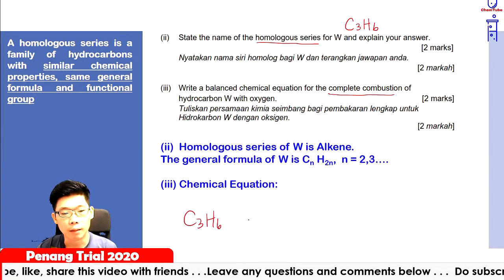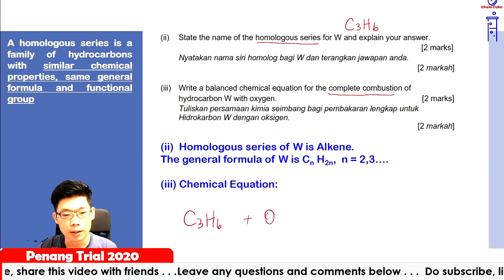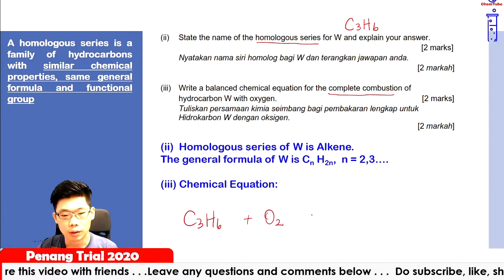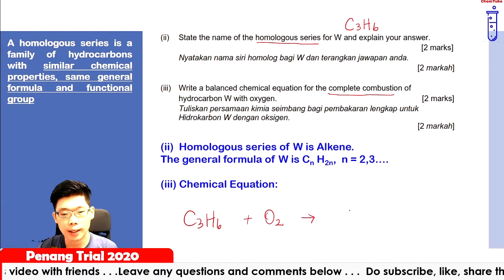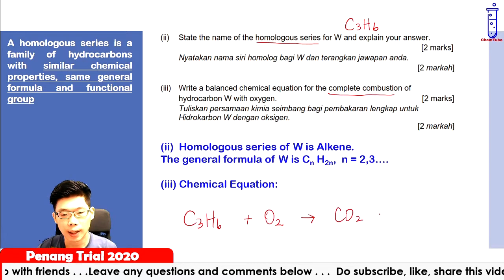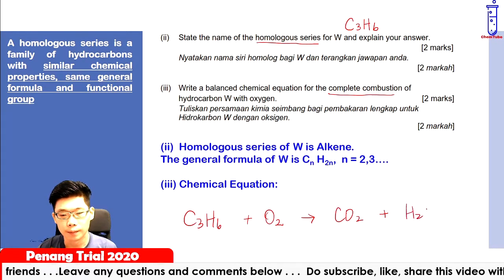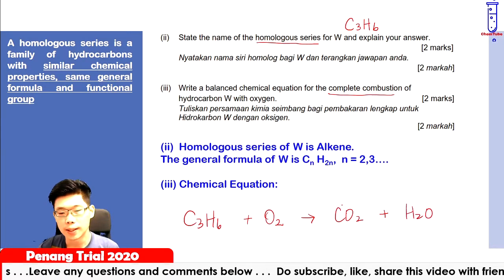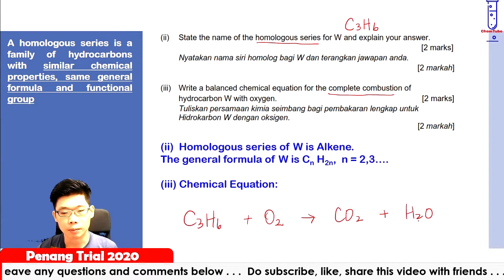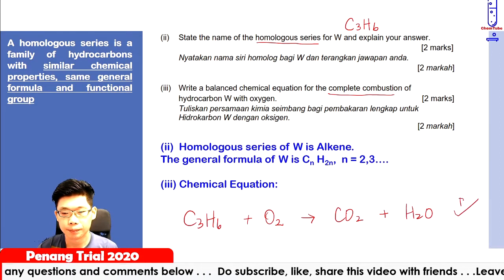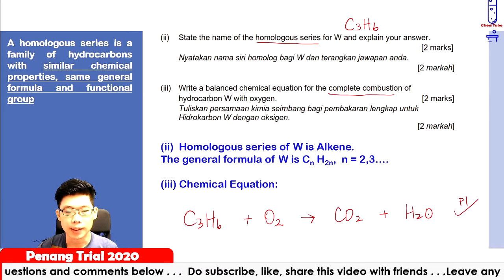In the combustion, it will react with the oxygen. So the products are carbon dioxide and water. Once you get the correct reactants and products, you get 1 mark. Another mark is for the balancing.